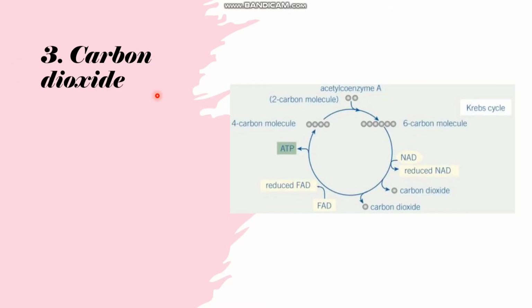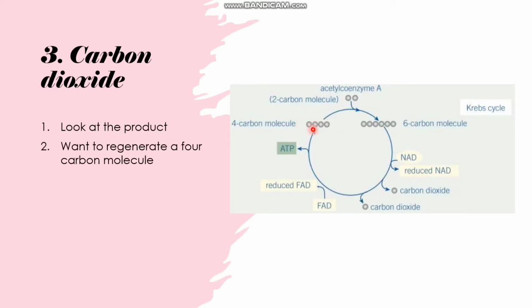Then the third step is about carbon dioxide. As this is a cycle, our product and reactant will be the same. We're starting with oxaloacetate, our 4-carbon molecule, so we can see that we want to regenerate a 4-carbon molecule because we start and end with this molecule. But the molecule we have at the moment, our citrate, is a 6-carbon molecule.